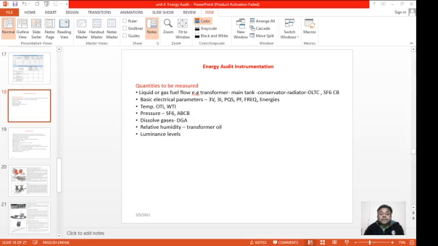So in this way, we have to measure different types of parameters, which also include dissolved gases, like the DGA analysis we are performing, which involves measurement of dissolved gases and what is the contribution of each dissolved gas. Ideally, the quantum of dissolved gas should be zero, but that is not the case in practice.